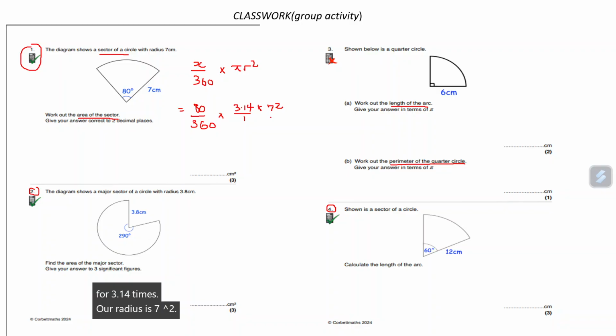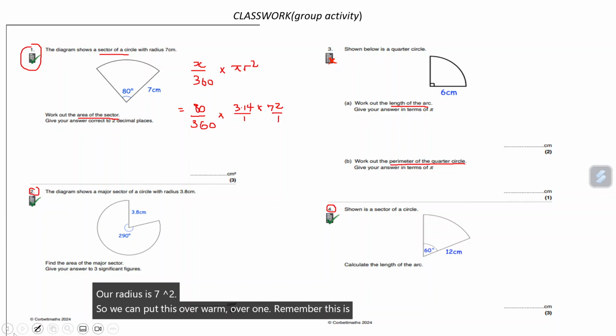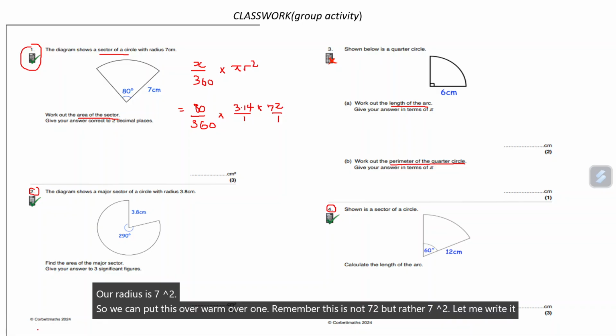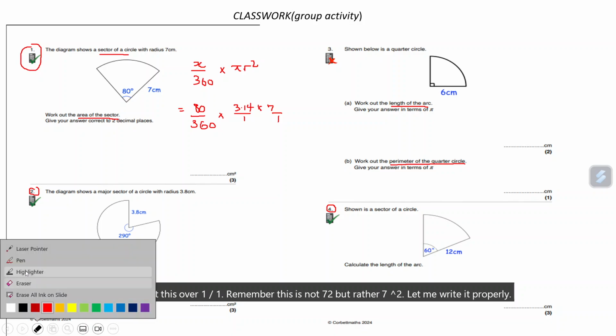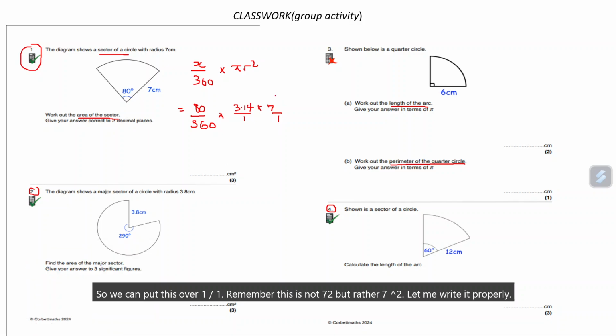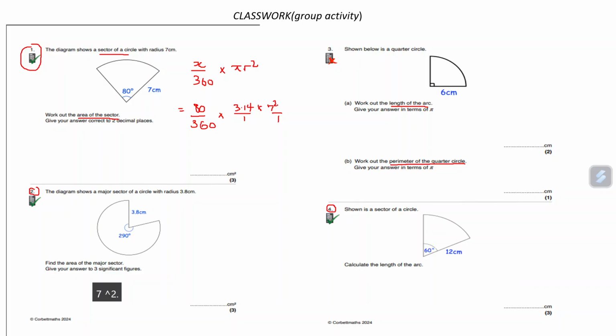So we can put this over 1. Remember, this is not 72, but rather 7 squared. Let me write it properly. Seven squared. Okay, that's better now. Then let's simplify this.